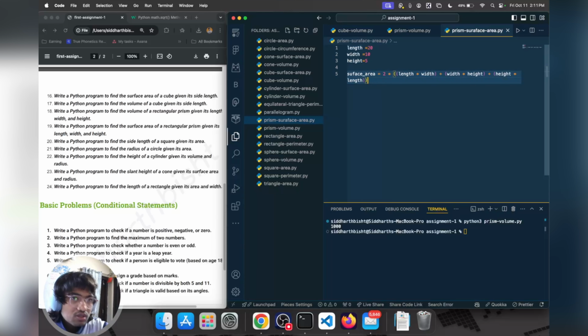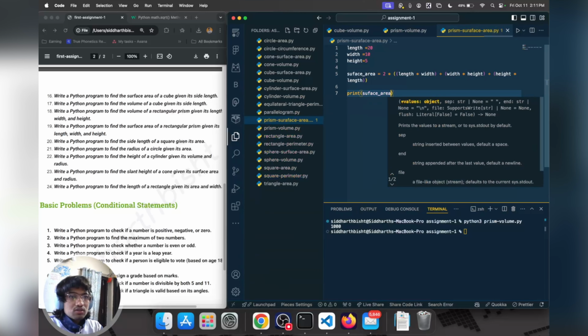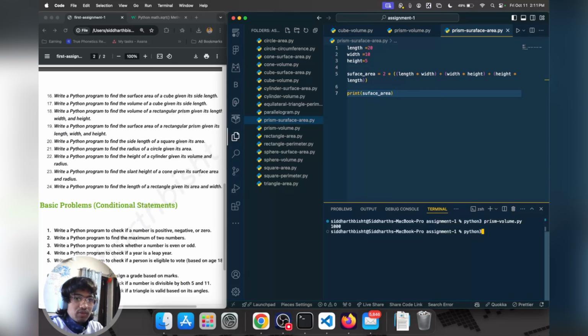So that you can see it in a single line. Now print surface area. Quite simple. Python 3 prism surface area.py, and I will get its surface area.